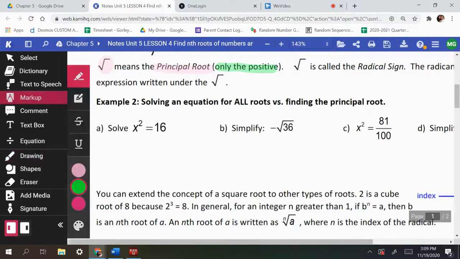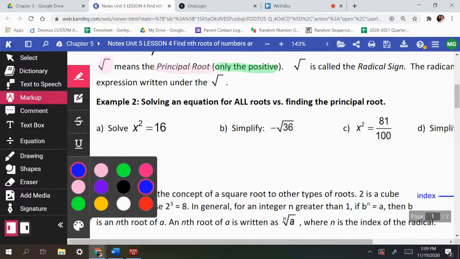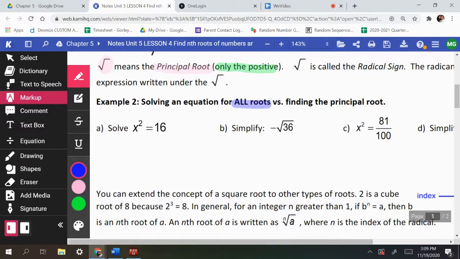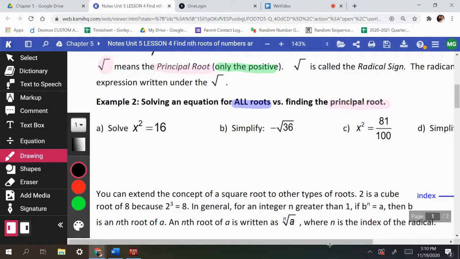Whenever you're asked for all the roots, you might have more than one solution, versus if I'm asked for the principal root, I'm only going to have one answer. So for all roots, there could be more than one, whereas a principal root, we're just going to have just one.